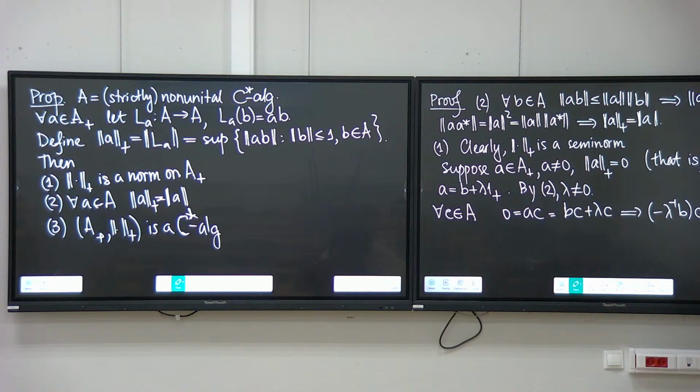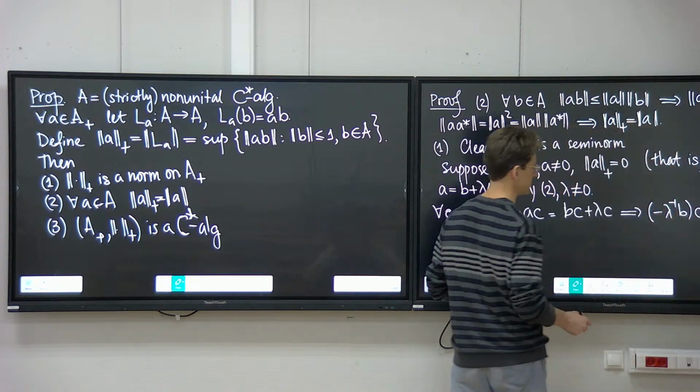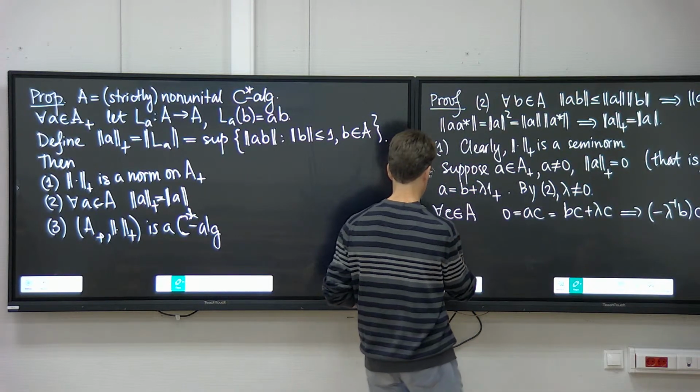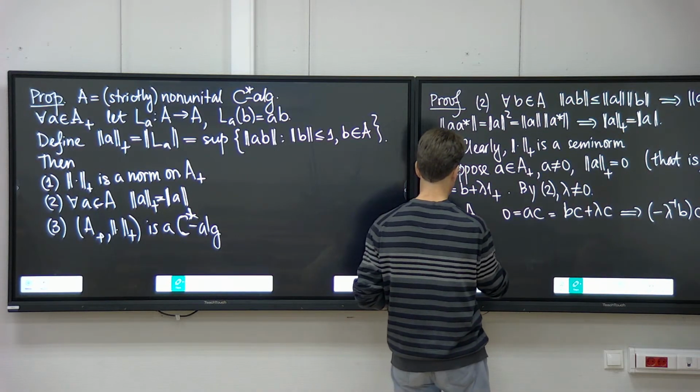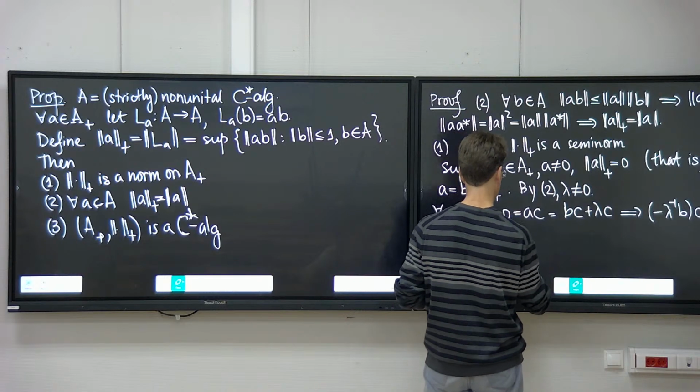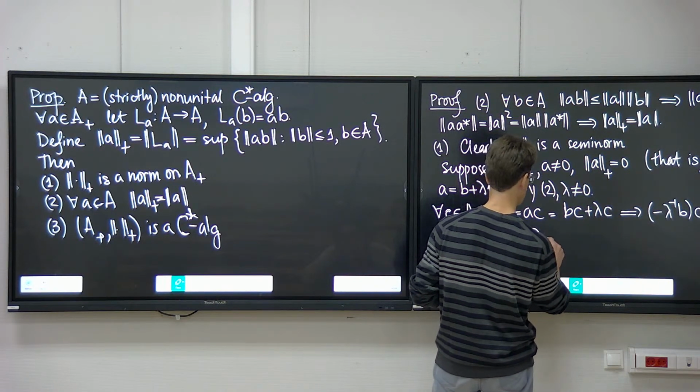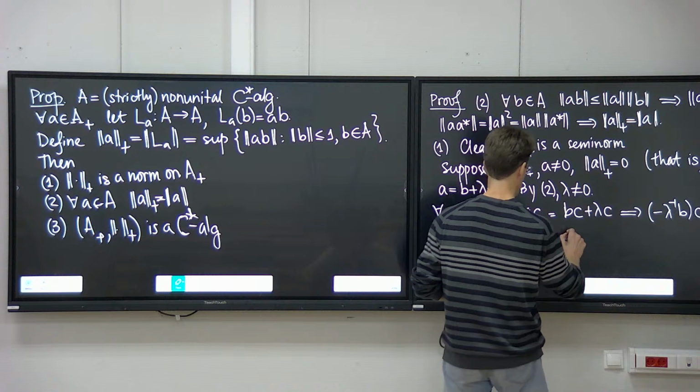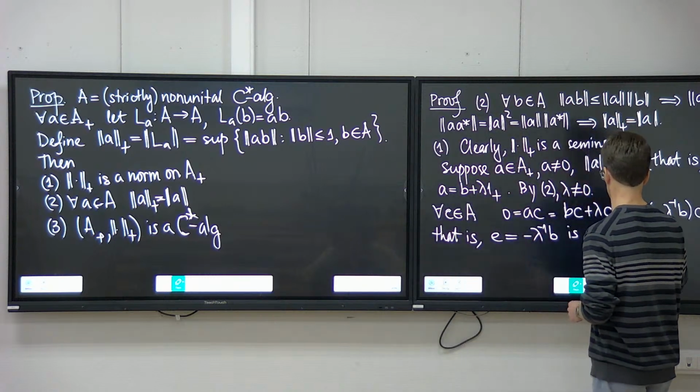We simply divide by minus lambda, and we get this equality. In other words, this element in brackets is a left identity. That is, the element e, which is equal to minus lambda inverse b, is a left identity in A.